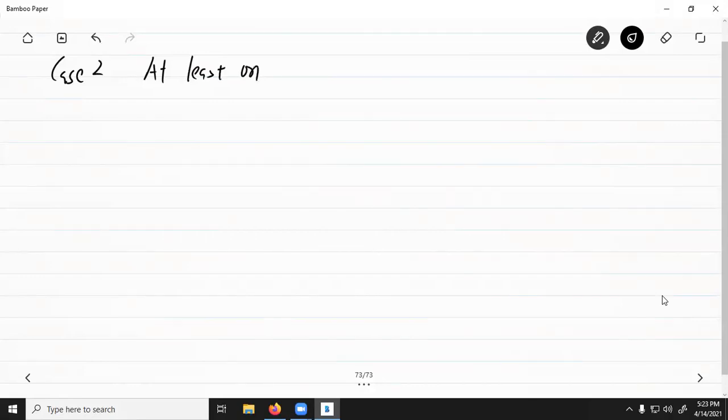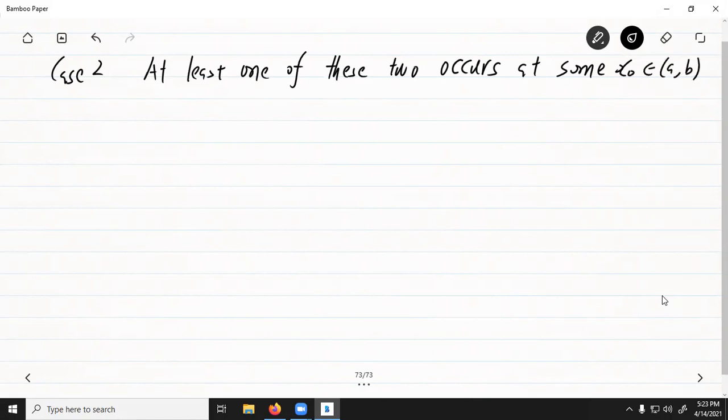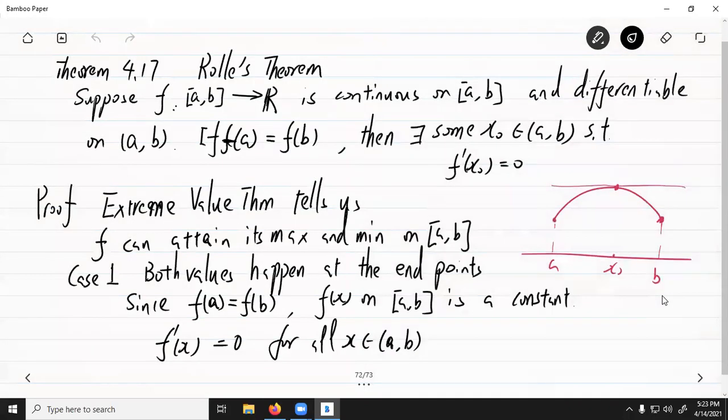At least one of these two values, the maximum value and the minimum value, occurs at some x0 between A and B. So we know it's inside, it's differentiable.